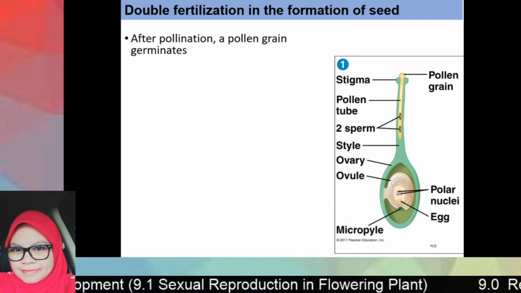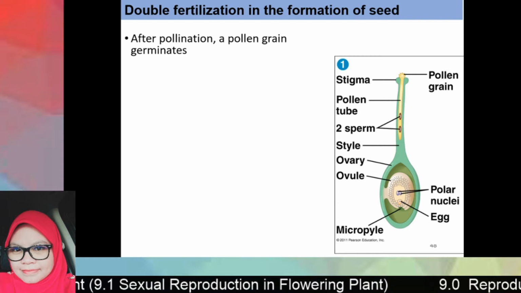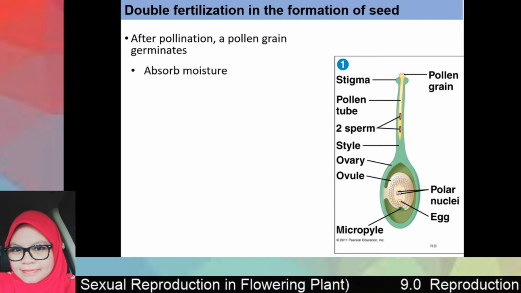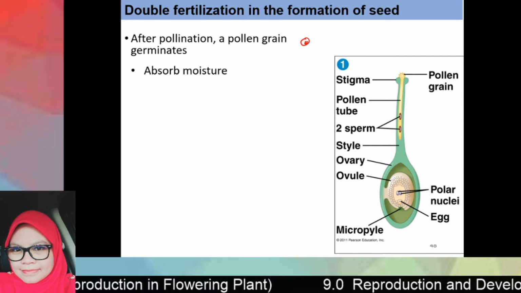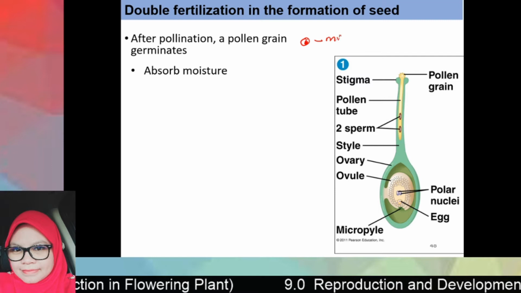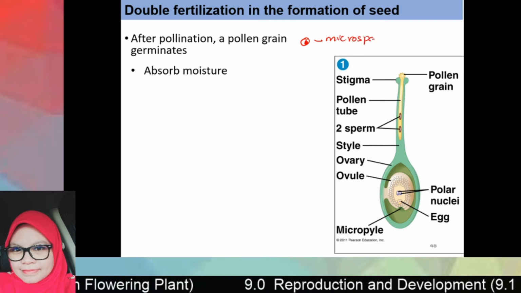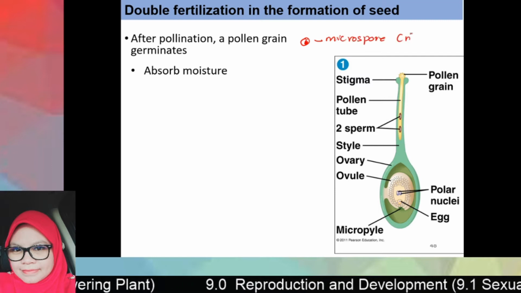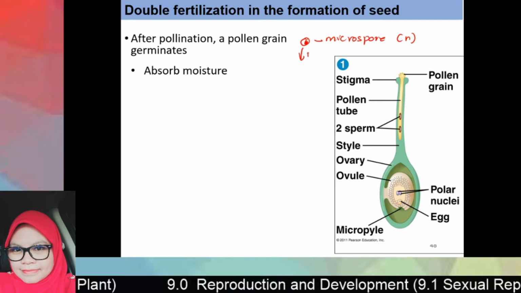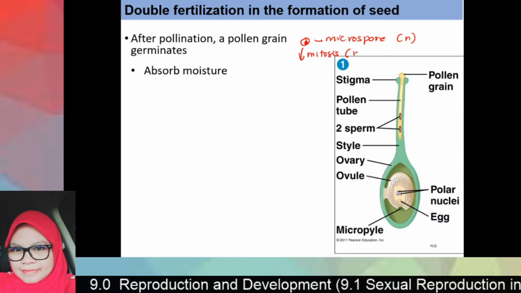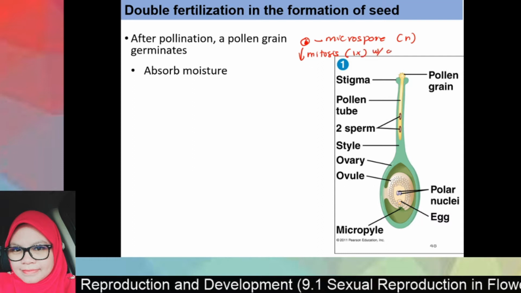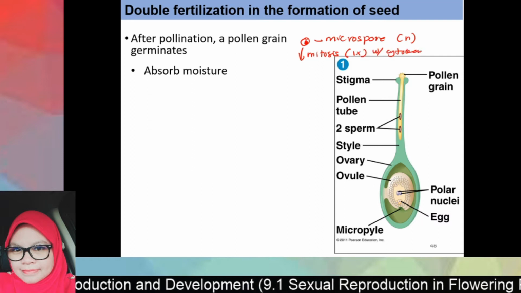Alright, try to recall back. Each microspore, which is haploid, will undergo mitosis. How many times? One time, without cytokinesis.